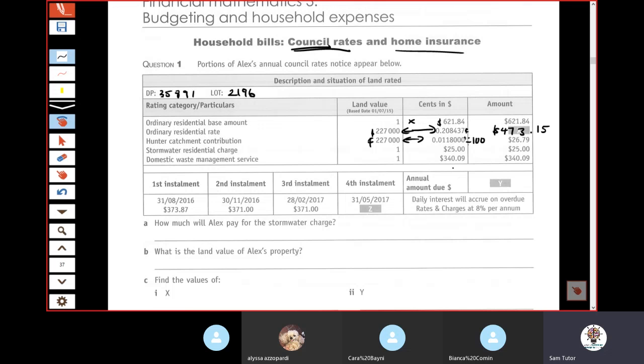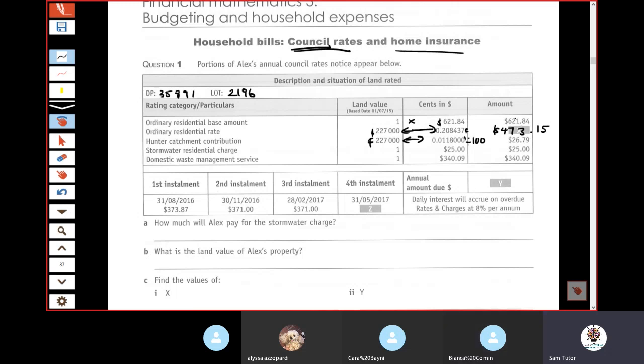If you want them to collect your waste every year, they're going to charge you $340.09. And usually they allow you to break it up into 4 installments. It's a bit easier to pay in 4 installments, but all of these 4 installments will add up to the same as your annual amount.